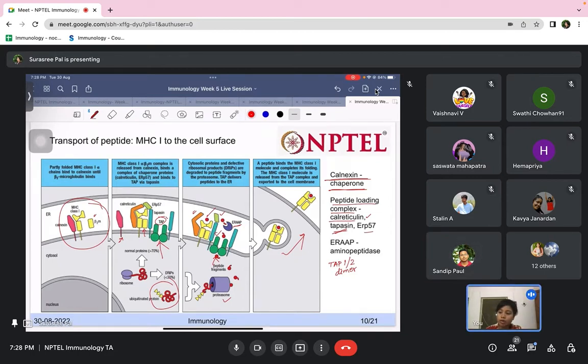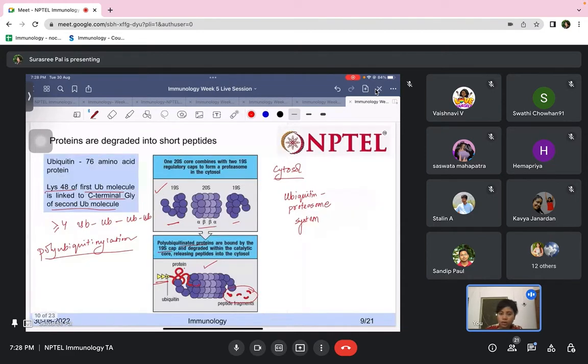So actually what happens, this part I think you missed. This is the proteasome system. The proteins which are targeted to be degraded are added with ubiquitin molecules.